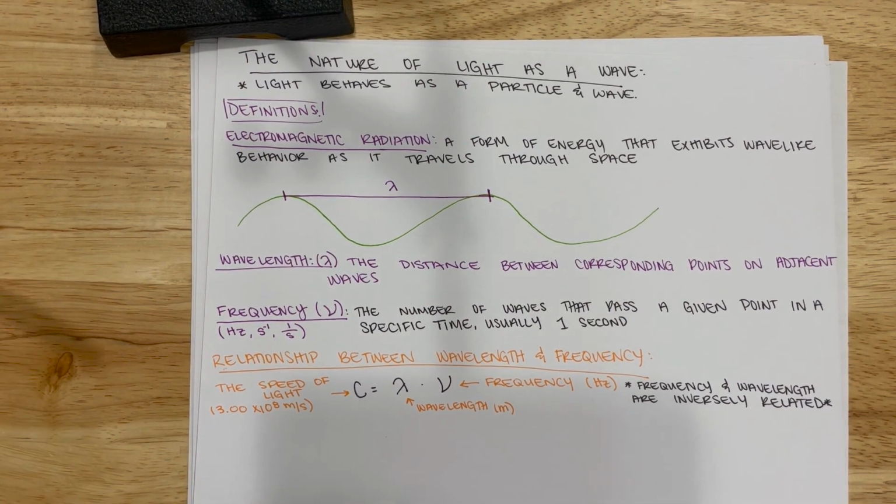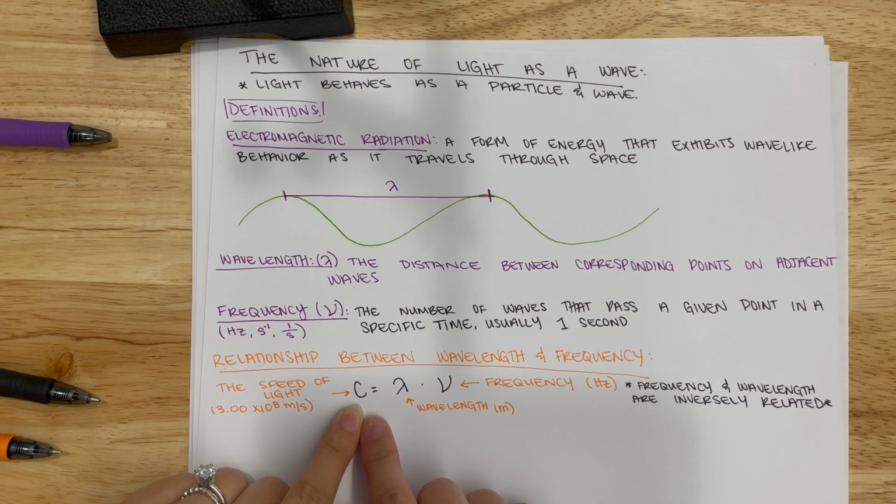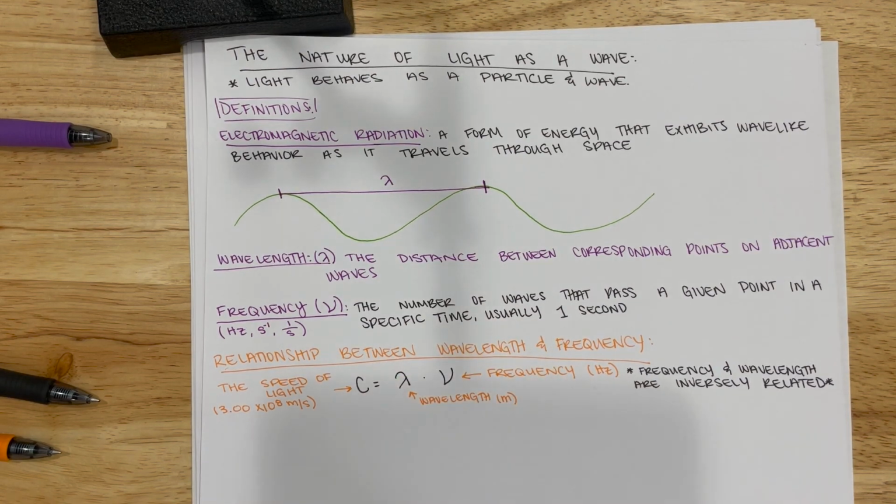So let's think about this for instance. If we had an arbitrary number here of like 6, and let's say our wavelength was 2, that would mean our frequency has to be 3. But if our wavelength increased to 3, our frequency would have to decrease to 2. So as one goes up, the other one has to come down. They can't both go up together. They have to do the opposite thing.